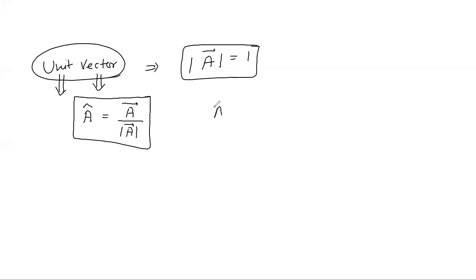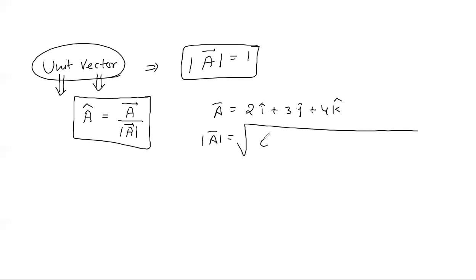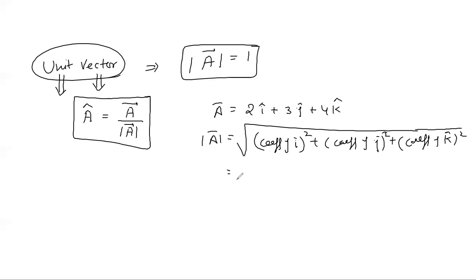So for an example, if we take vector A equal to 2i cap plus 3j cap plus 4k cap, what is mod A? Mod A equal to under root coefficient of i cap whole square plus coefficient of j cap whole square plus coefficient of k cap whole square.